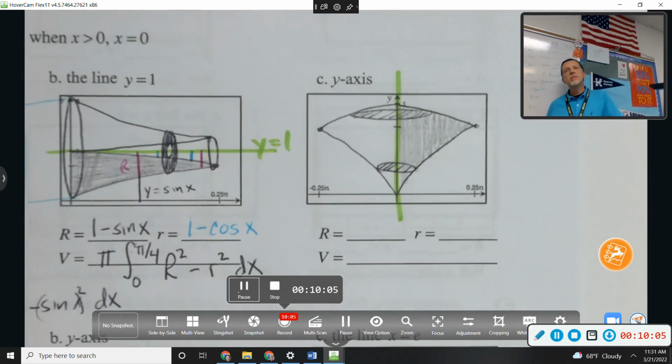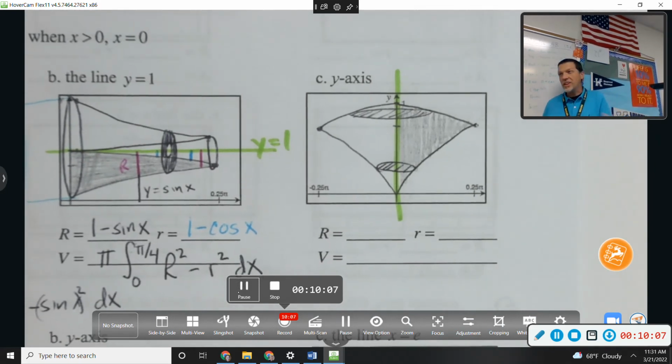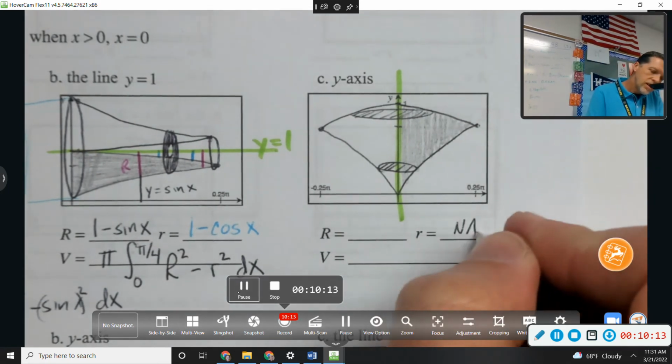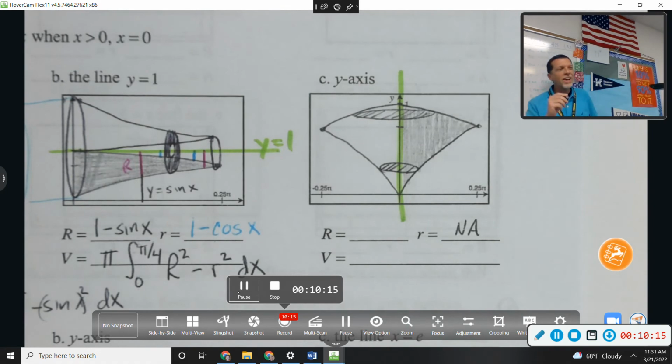They are disks. So no little r. Don't put an x there, right? Because then you might think that the x is the variable. So don't x it out. Leave it blank. Put a 0, write NA, but don't put an x because then you might confuse yourself.